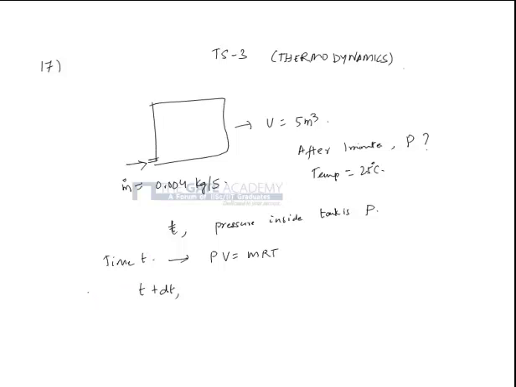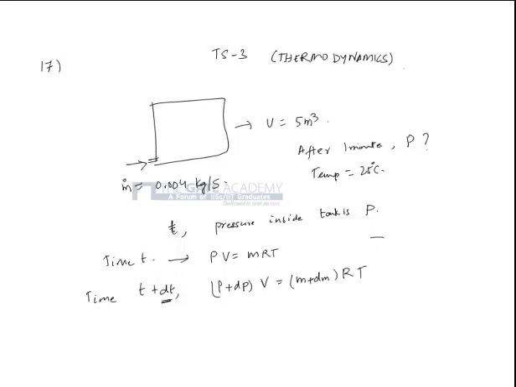At time t plus dt, the pressure developed will increase, P plus dP. The volume occupied will be V only, because the entire gas at any point of time will occupy volume V. The mass will increase because some air will leak in during time dt, and R is a gas constant, so it will be the same, and temperature is anyhow constant.